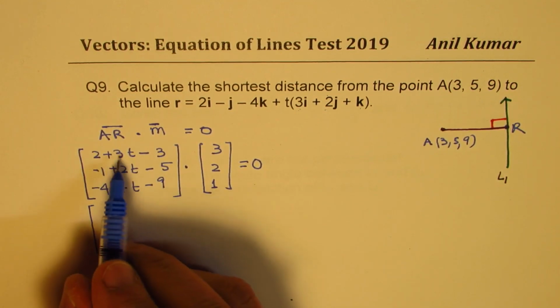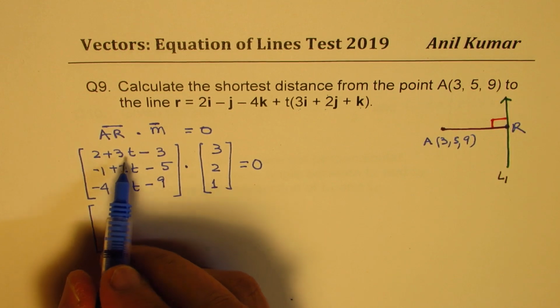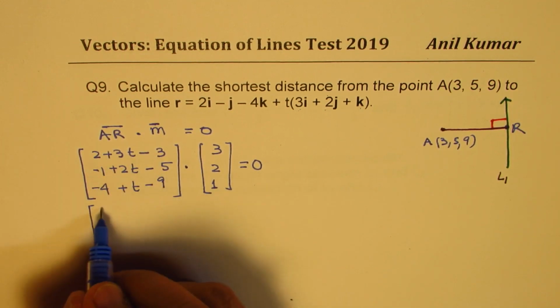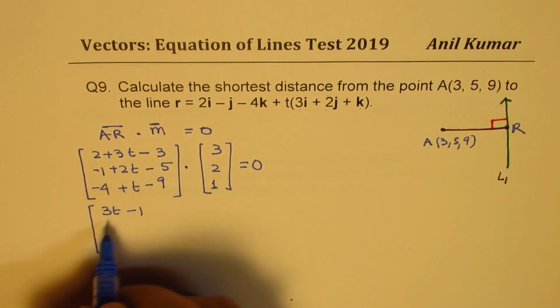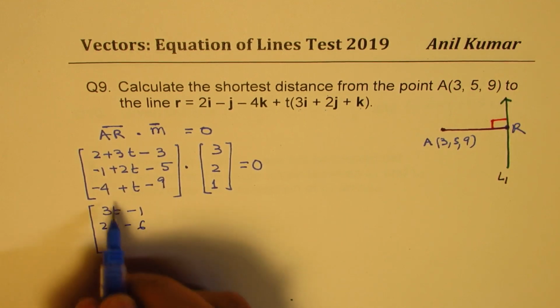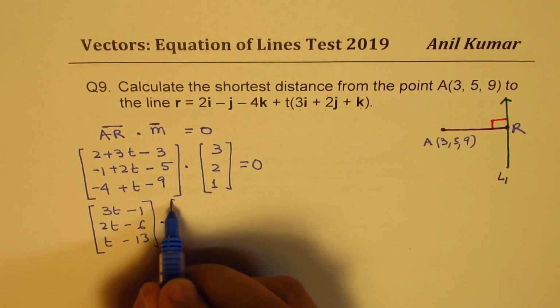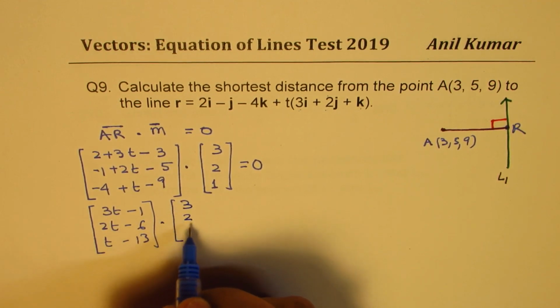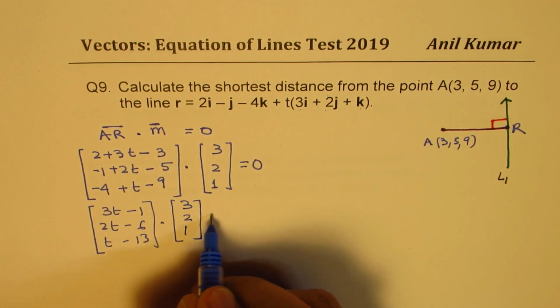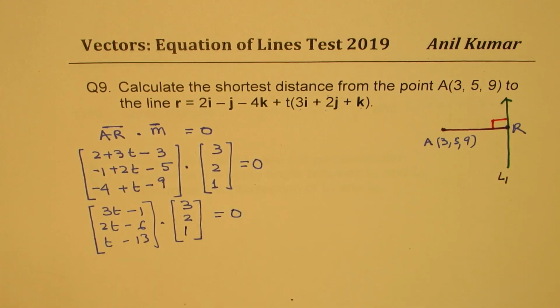Simplify this. So we get 3t minus 1, 2t minus 6, t minus 13, dot 3, 2, 1 should be equal to 0. Clear?